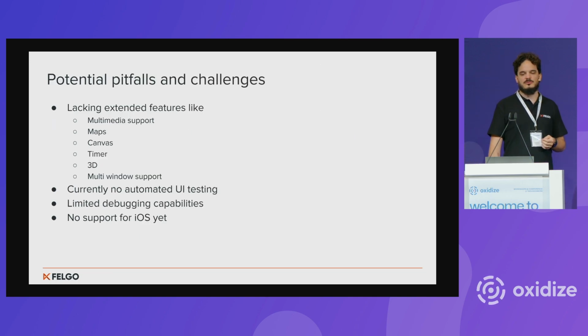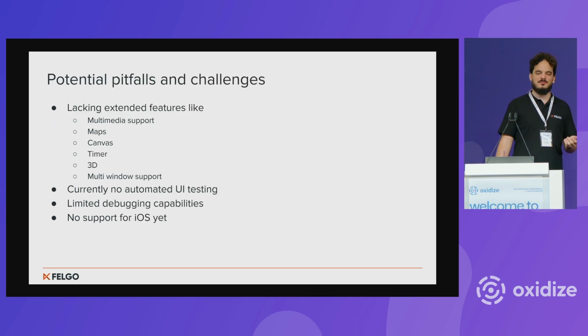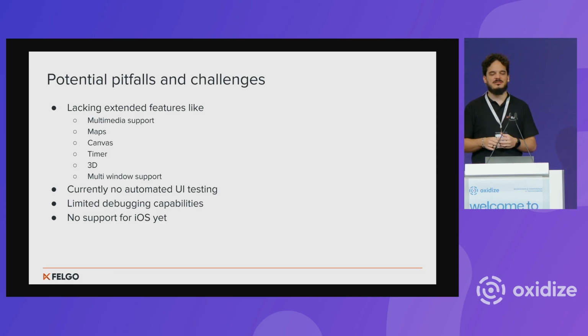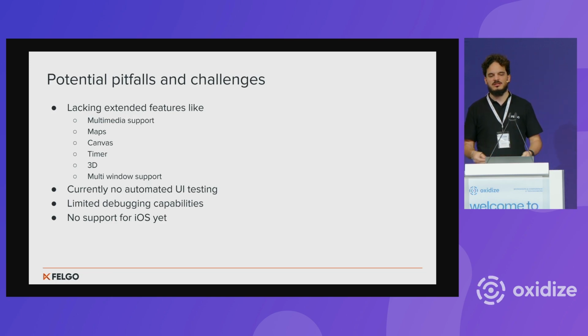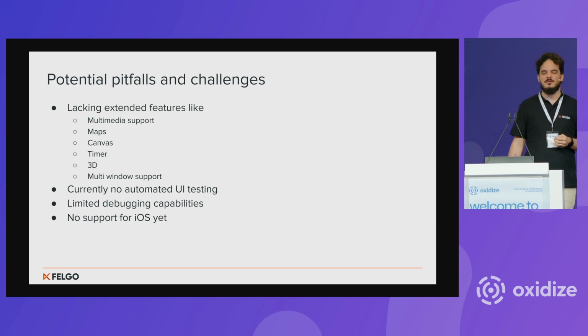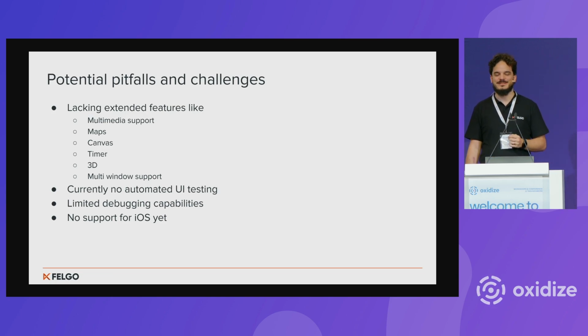But there are also challenges coming from QML, and comparing it to QML, you are lacking some of the extended features that QML provides, like better multimedia support, maps or canvas, or having internal timers like in QML. 3D support and multi-window support are still in progress, planned, or I'm not sure, some of them, if they are planned for Slint or not.